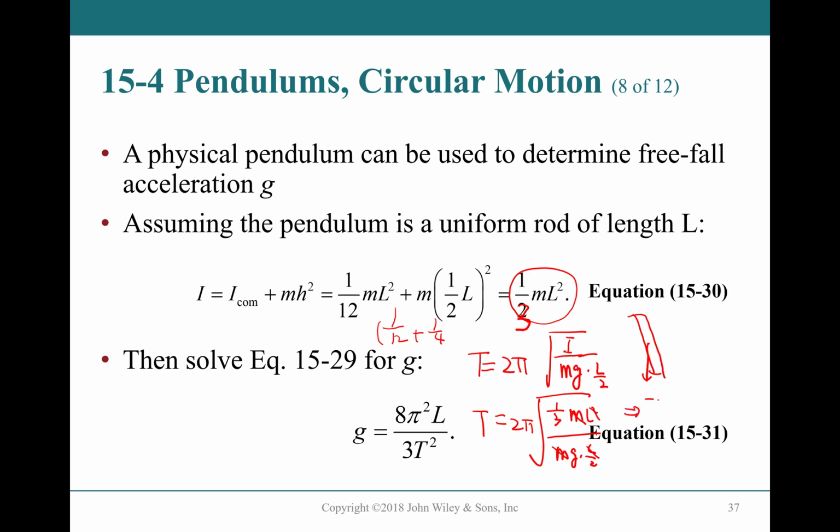So T will be equal to 2 pi times square root of 2 over 3 L over g, okay? And then you square this on both sides, and g will be equal to 8 pi squared L over 3T squared, okay?